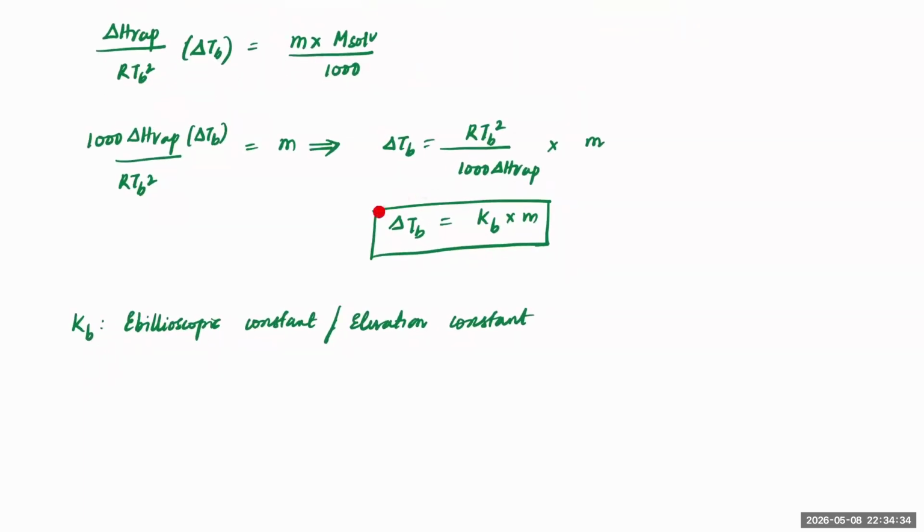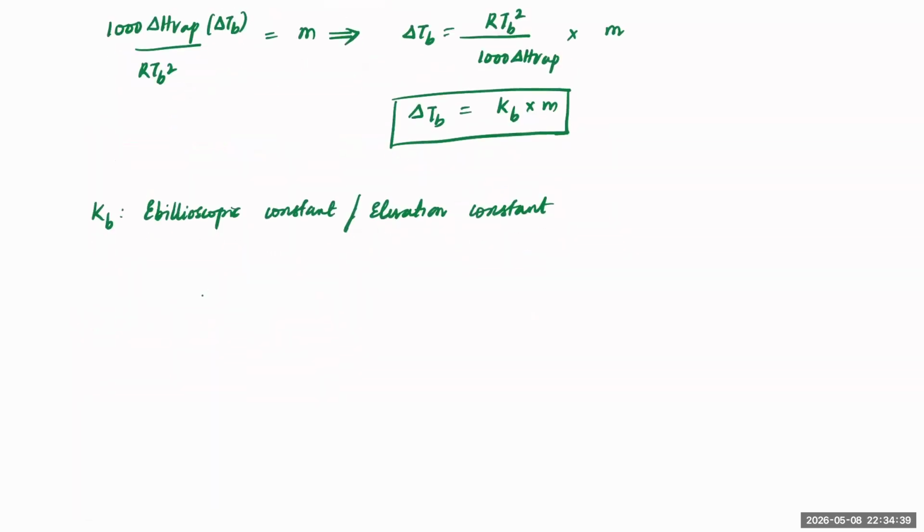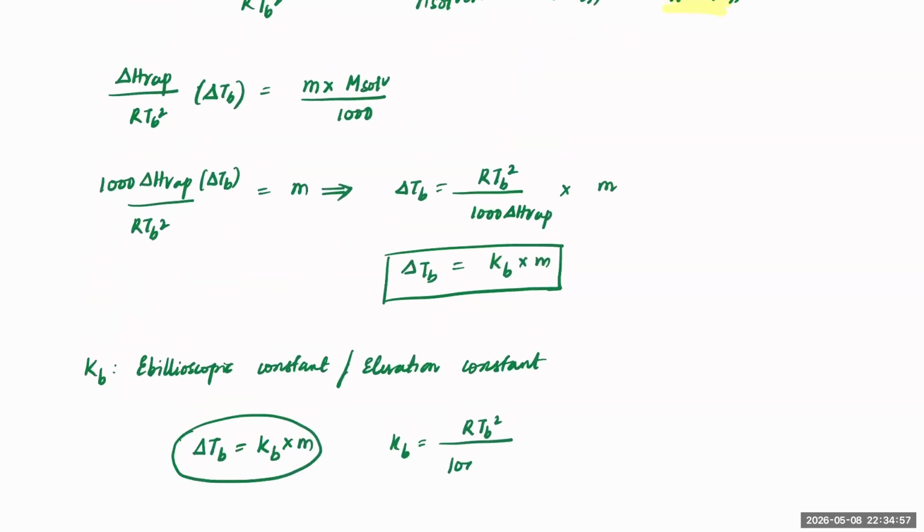So this is the formula you will be using to figure out how much is the elevation in the boiling point. Delta T B is the amount of elevation in the boiling point and Kb is the constant value into m. So how do we find Kb? You have noticed that the Kb formula is R T B square of the solvent upon, sorry, M should be there. I forgot M somewhere, I guess.